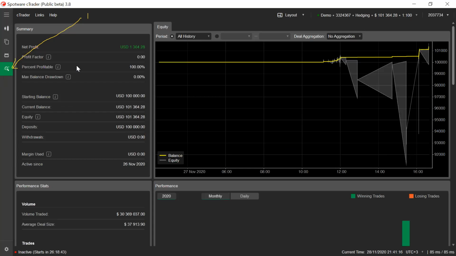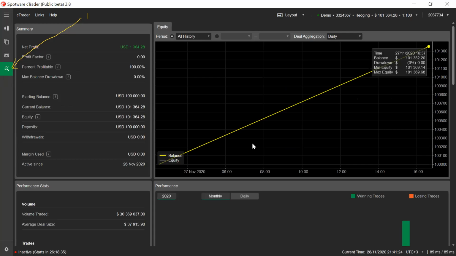This is a default, and it comes on daily. So you might look at your trades and it looks very good, which is very good. I like that. However, if you click on that and you say no aggregation, this is what will happen.